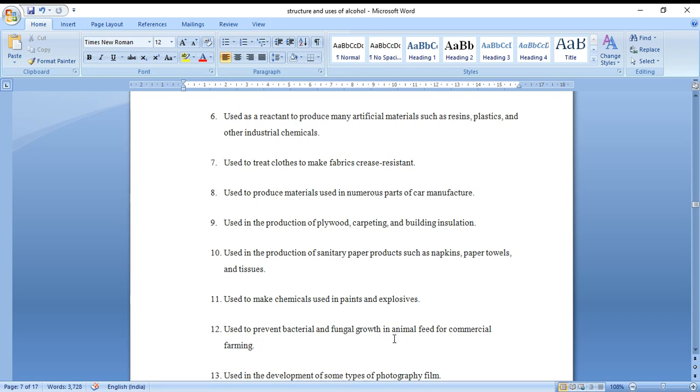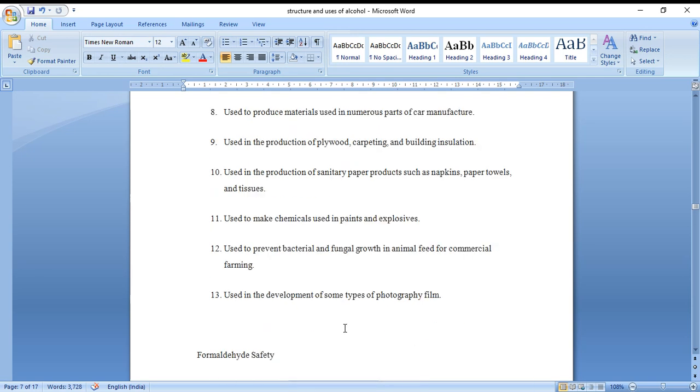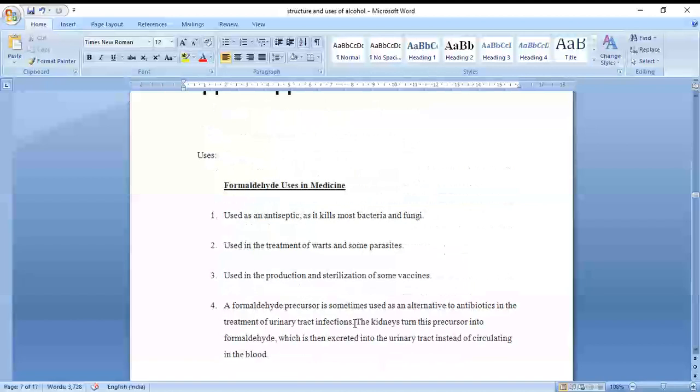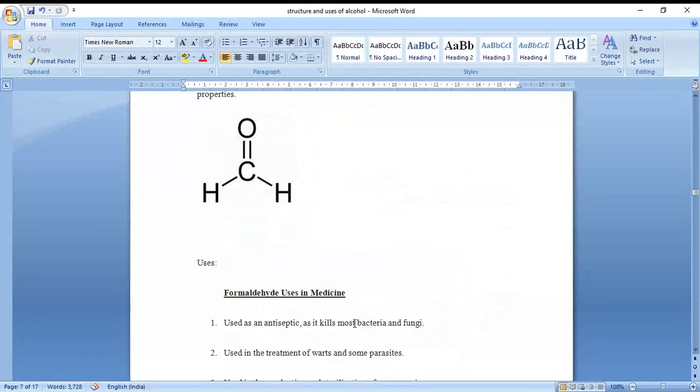To prevent bacterial and fungal growth in animal feed, we use formaldehyde. It is also used in the development of some types of photography films. All these are the uses of formaldehyde. Formaldehyde is one of the simplest forms of aldehyde, and it has very vital properties which are very useful in various sectors. It is mainly used by industries as well as in medicine.